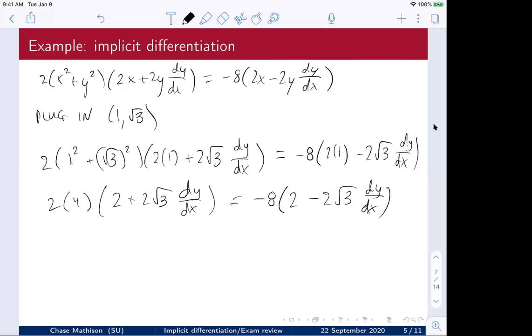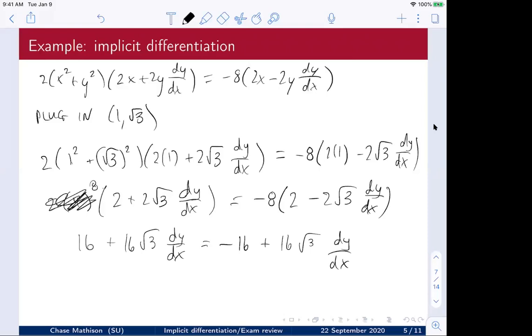All right, so this is 8 right here. So I'm going to get 16 plus 16 square root of 3 dy dx equal to negative 16 plus 16 square root of 3 dy dx.